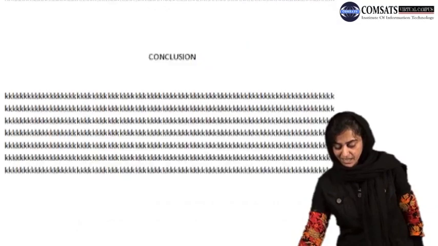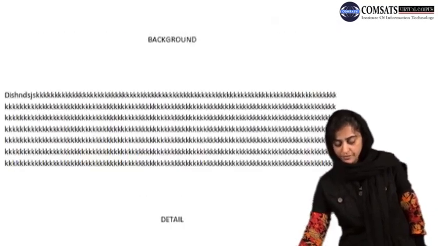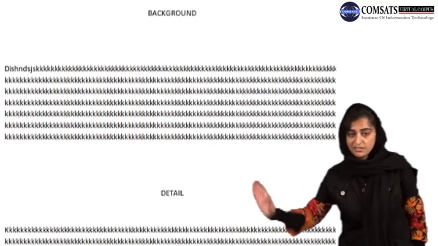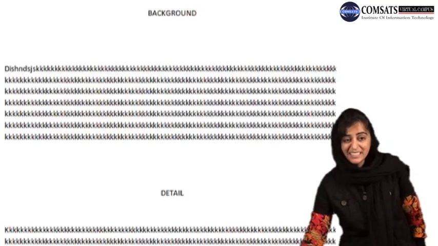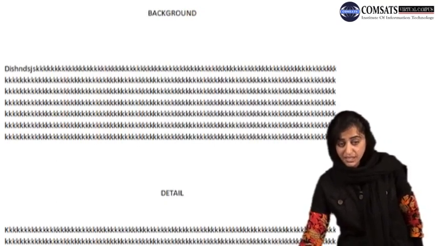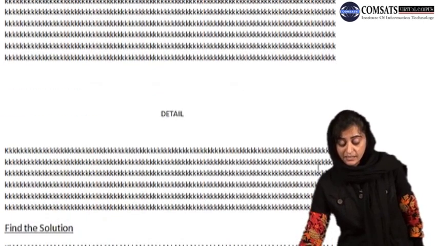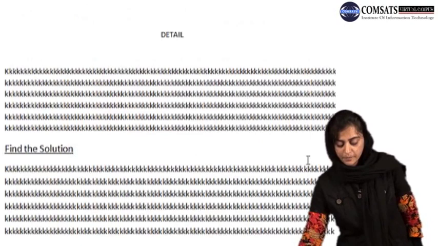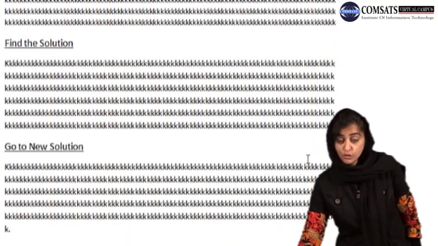That is all. Let us have again a look at this report, beginning with, as you can see on the screen, the heading "Background" in the first degree and topic type. Then again the first degree heading and the topic type being used, "Detail." Then the third degree, which is a subheading of the detail heading, "Find the solution," third degree and imperative type. Then again another third degree, "Go to new solution," again in imperative type.